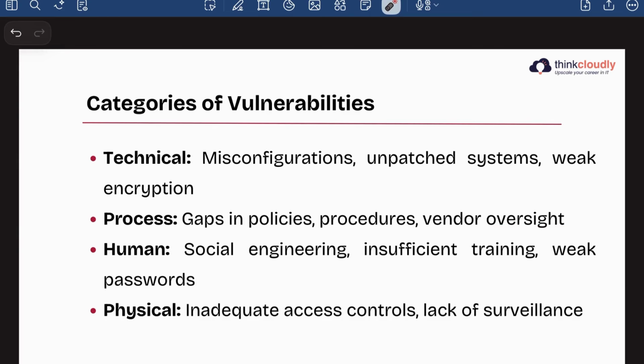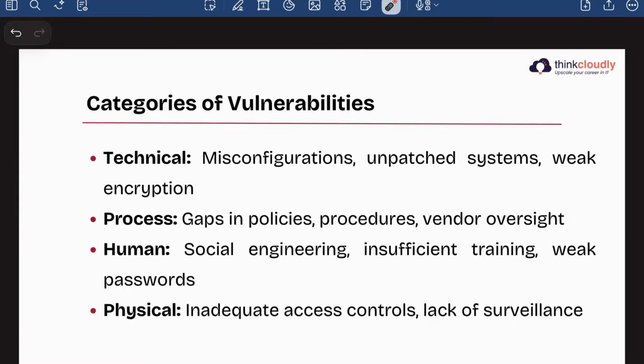Human vulnerabilities, and the most dangerous one, by the way, is a lack of training, phishing, social engineering attacks, reused passwords, all these things. Physical ones: no CCTV camera present, paper records left unshredded, an unlocked server room, these things, right?